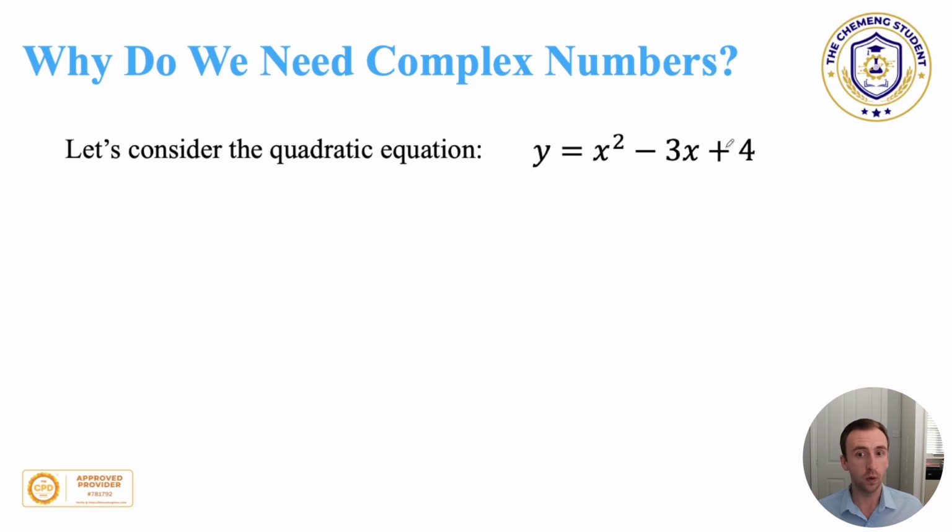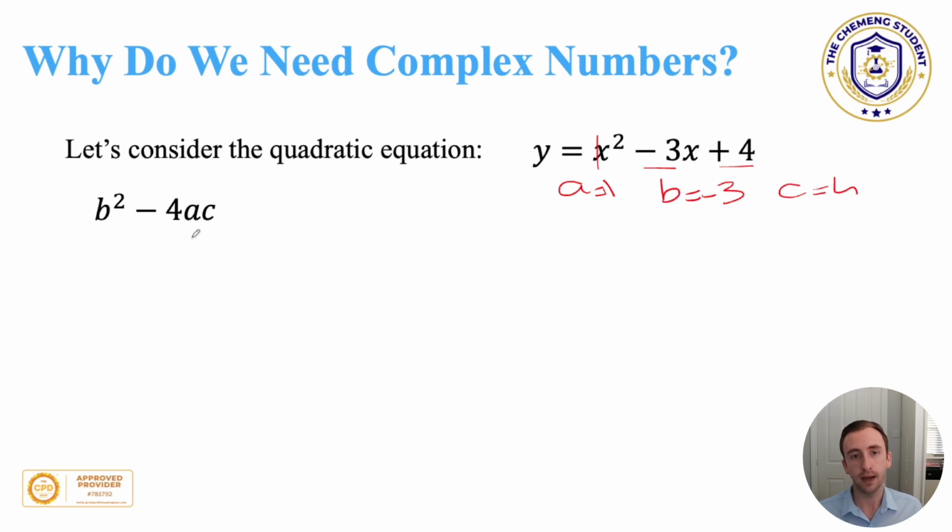Now the quickest way of determining this is using the discriminant. So the discriminant will allow us to check whether or not this equation can be solved. If we take the discriminant, the value of a is going to be 1, the value of b is going to be minus 3, and the value of c is going to be 4. That's just the coefficients of the quadratic.